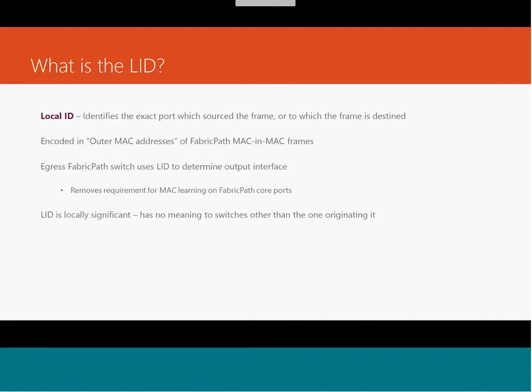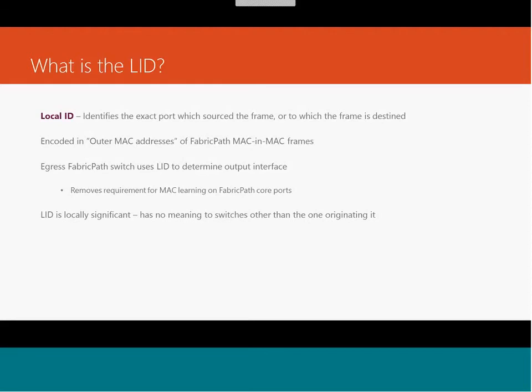Right. So this is again locally significant, and it is not something which is common to multiple nodes within the network. Whatever the value of LID is, it may be local, and you can see that value based on the Fabricpath routing table or the MAC address table as well.